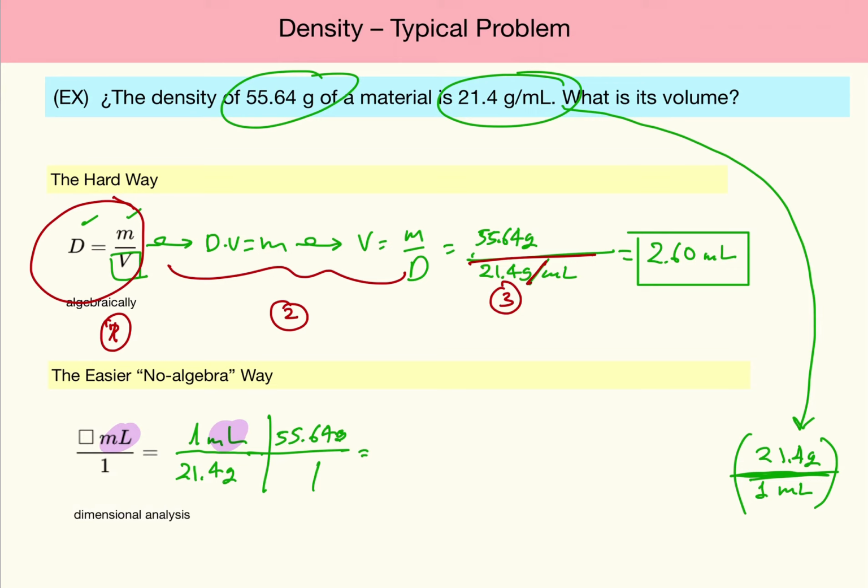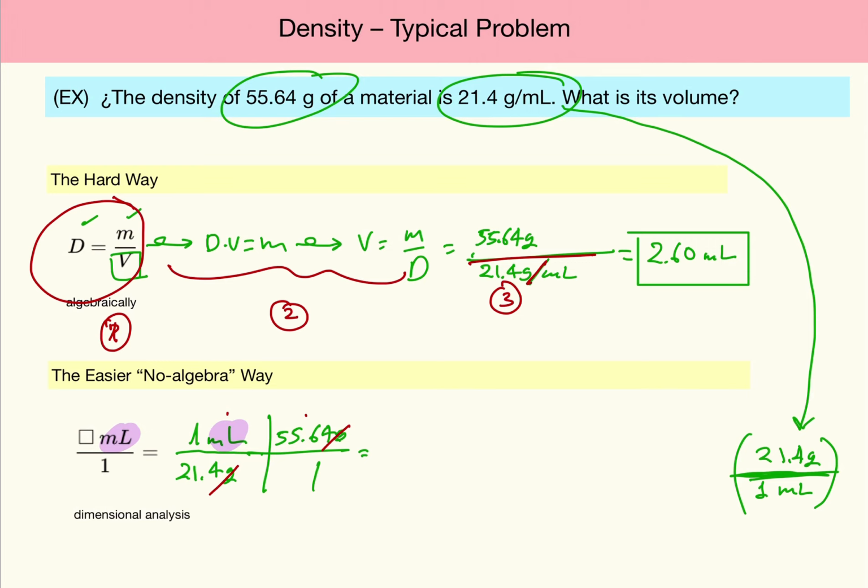So you have to know how to do those 3 things successfully to be able to work problems algebraically, at least anything other than a straight plug and chug. Notice, with dimensional analysis, this was no harder than any other problem. Set up the unit that you're looking for, and then arrange your data so that only that unit winds up showing up. And then you multiply, divide out. Much easier. It's the same process every time.